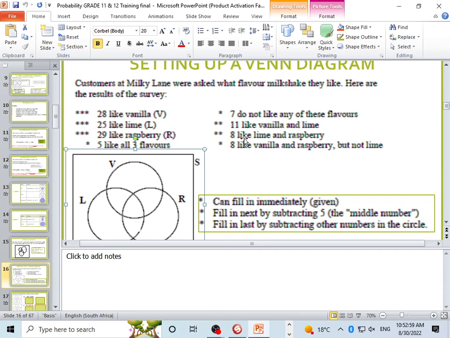8 like lime and raspberry. So lime and raspberry would be somewhere here. Can I put 8 there? Are you sure? What about the 5 that also like lime and raspberry, but they like vanilla as well?